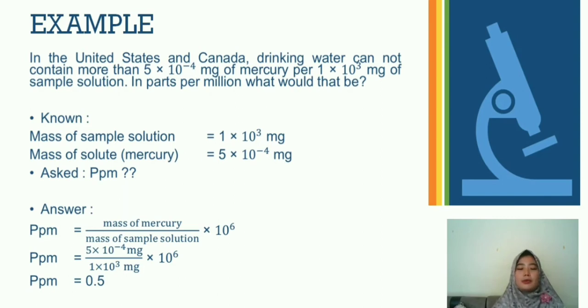The mass of mercury is 5 times 10^-3 milligrams divided by the mass of solution, that is 1 times 10^3 milligrams, times 10^6. The value is 0.5 ppm.